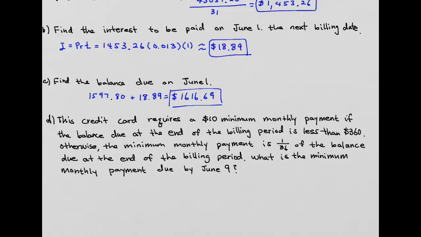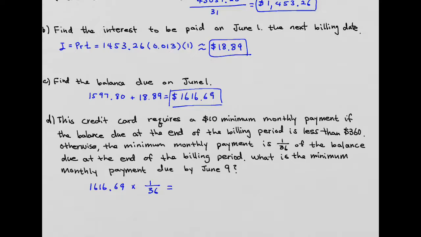So how do we find that value? You just multiply. Your balance at the end was $1,616.69, times 1/36.